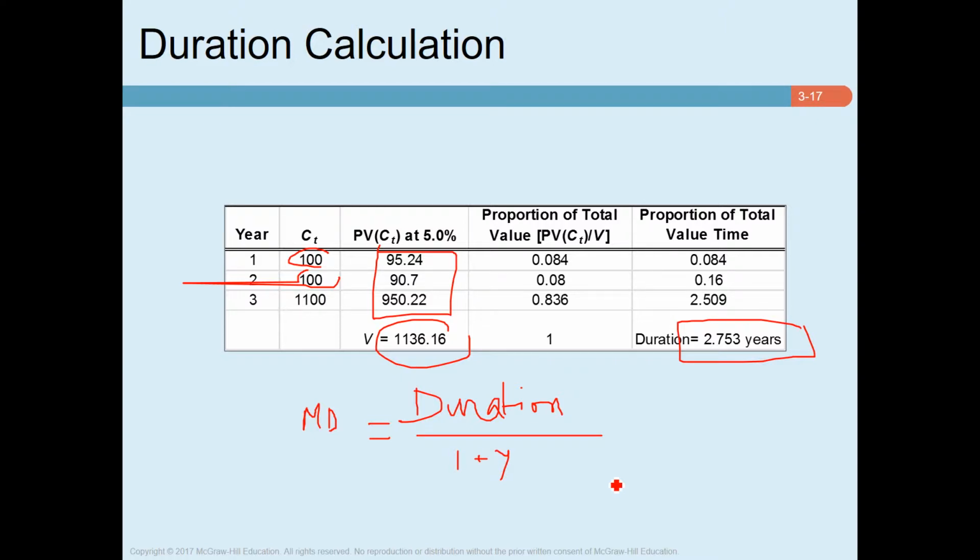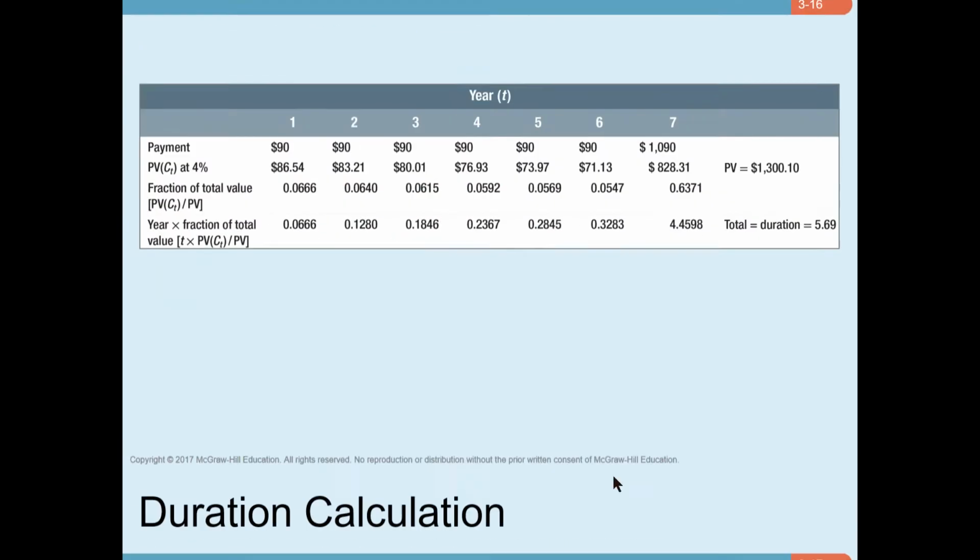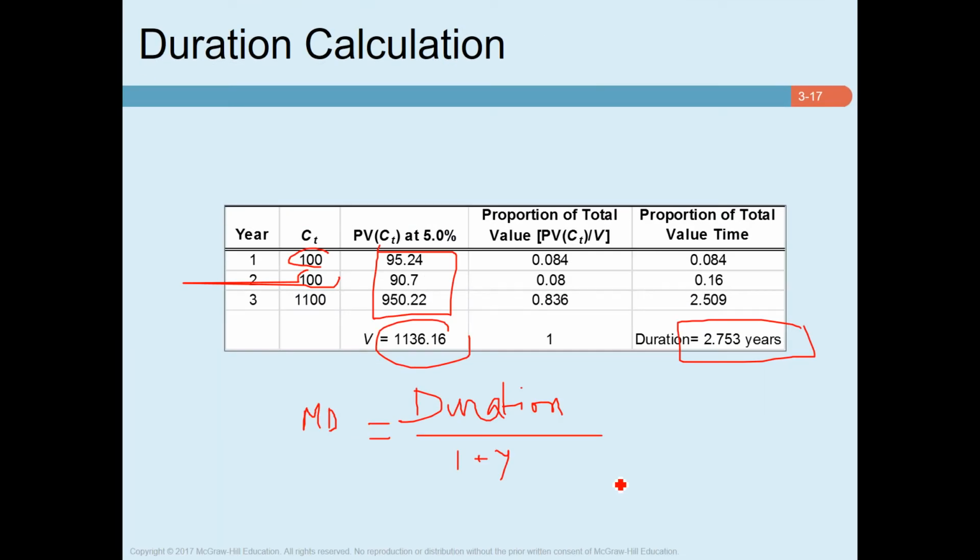For example, let's say we have a duration of 3.6 and a yield of 3%.